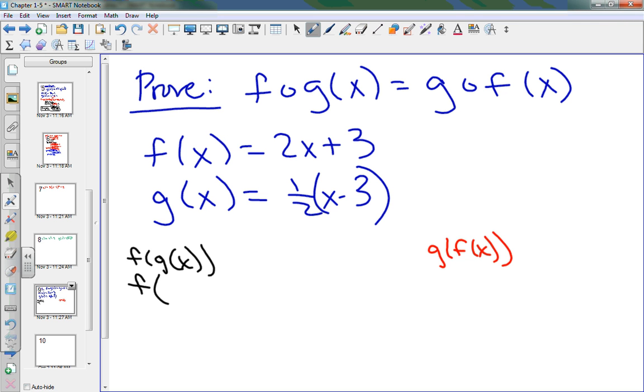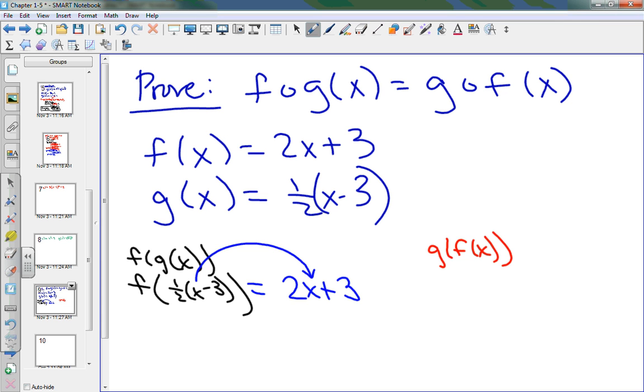But what is g of x? 1/2. Do we see that? And I'm plugging it into the function of f, and what is f defined to be? 2x plus 3. It's defined to be 2x plus 3, but every place I see an x, I need to plug in the 1/2 times the x minus 3.